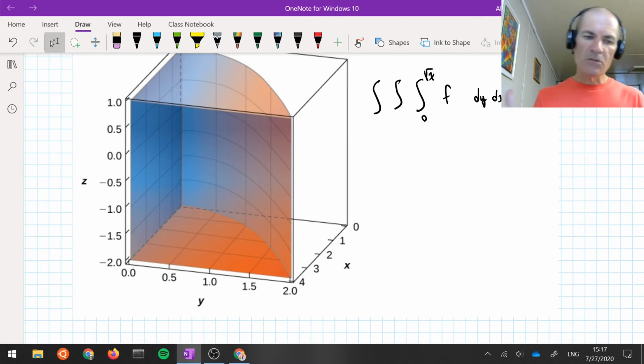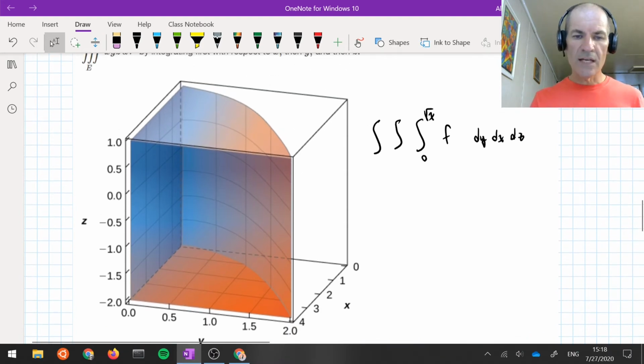We collapse this figure into the remaining plane, the variables that remain. So this collapses into the xz plane. And can you see what it looks like in the xz plane? If you take this and collapse it, you get a nice simple rectangle. The base goes from 0 to 4, and the height goes from, it looks like, -2 up to 1.